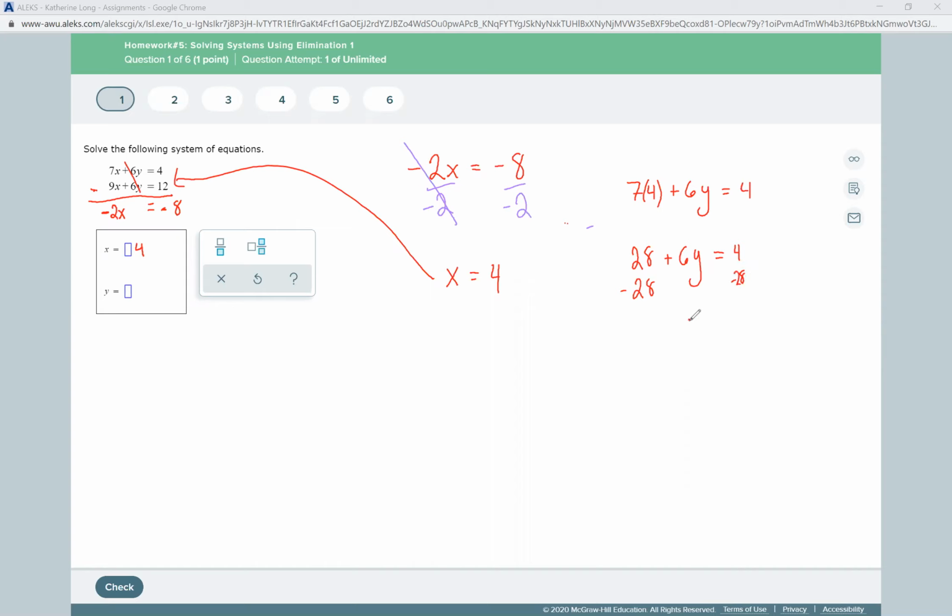And I'll have 6y equals negative 24. I'll divide by 6. And I'll have y equals negative 4. So that's your solution, meaning if you plugged in 4, negative 4, those equations would be true. If you graph those two equations, that's the point at which they would cross, 4, negative 4.